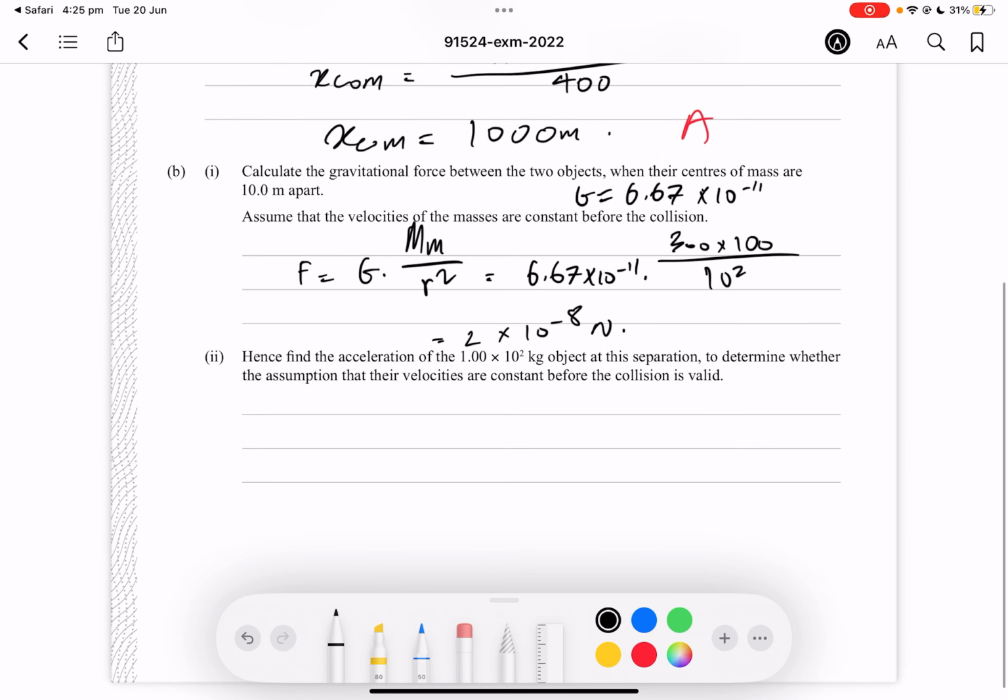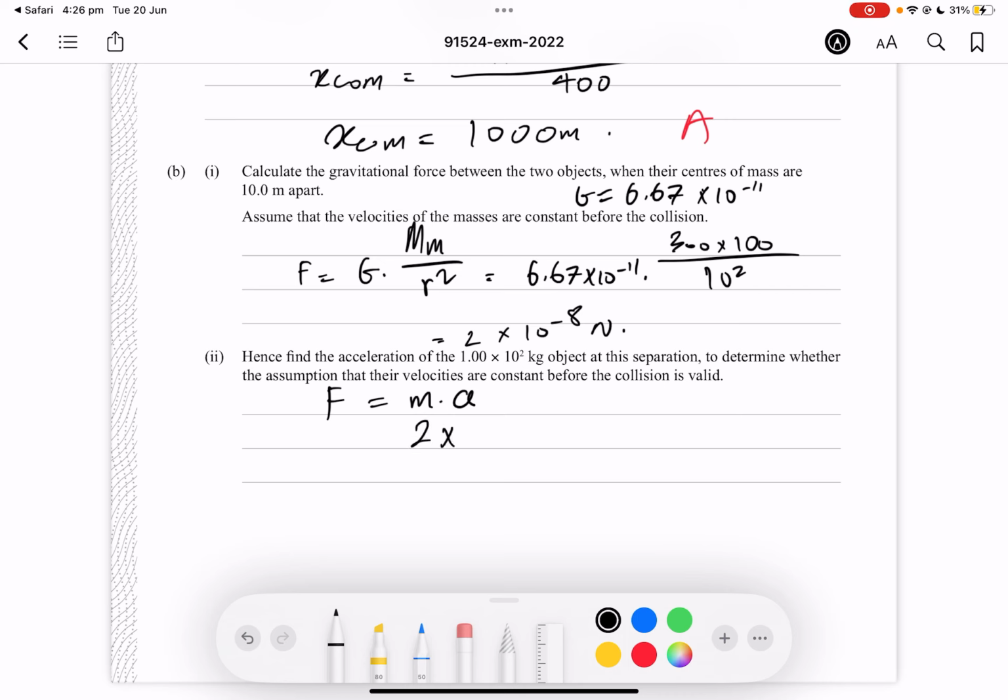And for part II, we need to find the acceleration of the 100 kilogram object at this separation, and determine whether or not the assumption that the velocities are constant is valid. Okay. So for this question, I'm just going to be using force equals mass times acceleration.